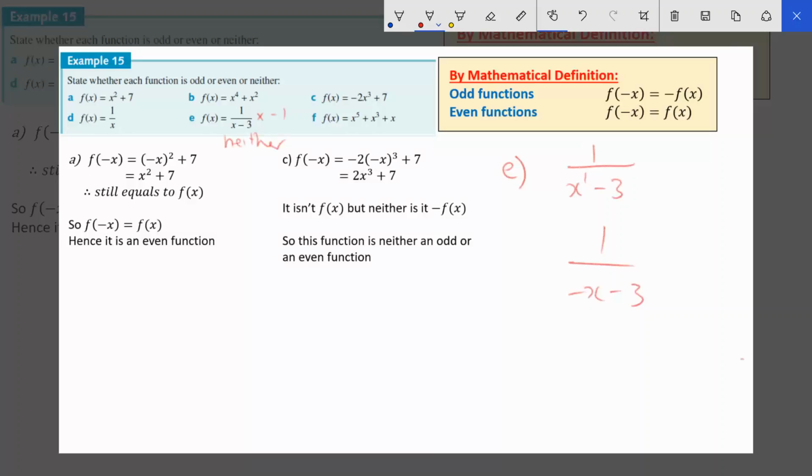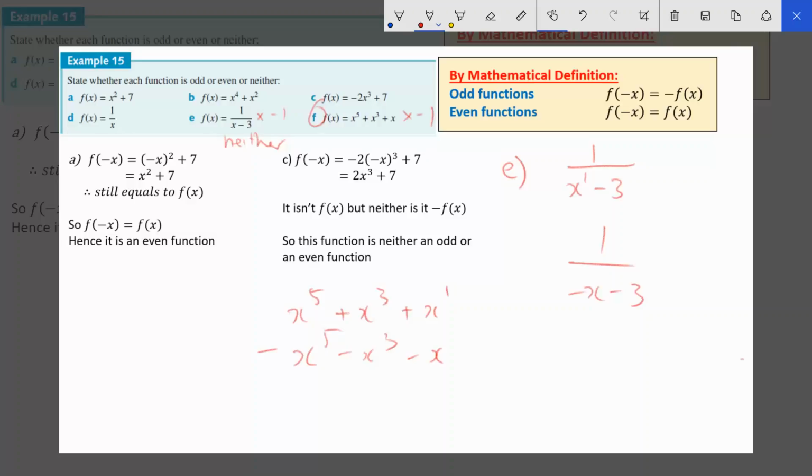Okay? Whereas F, see what I do with F is I just literally look at the powers. I look at the powers, there's a power of 1, so I'm like, okay, that's going to be a negative, negative, negative. So in my head I'm like, okay, that's negative x to the 5, negative x cubed, negative x. Then I ask myself, all right, well, if I multiplied all this by -1, does it give me this?